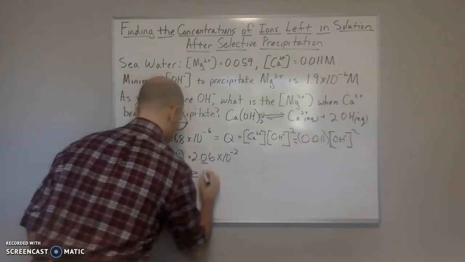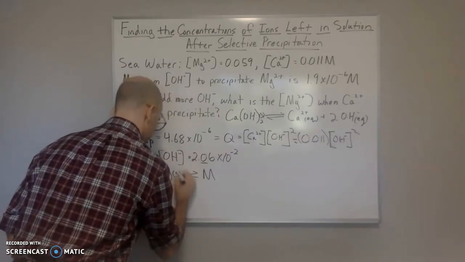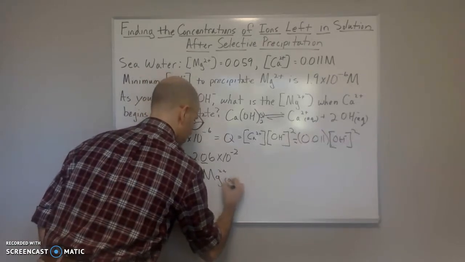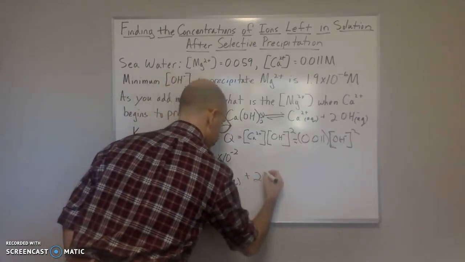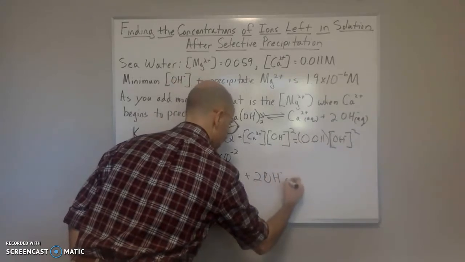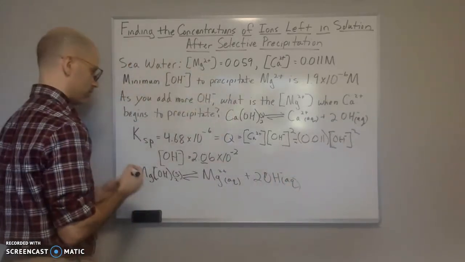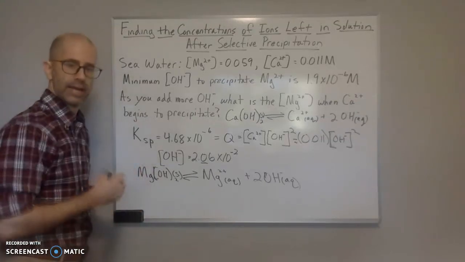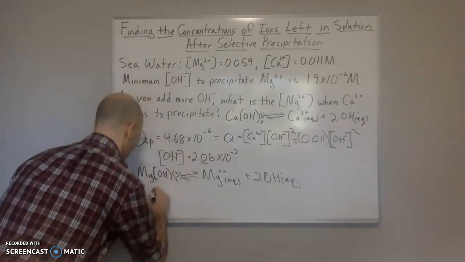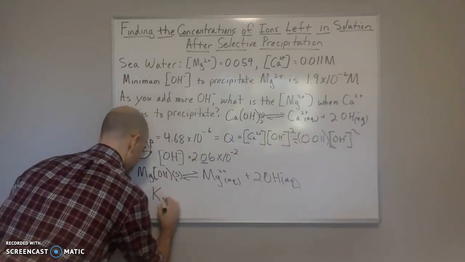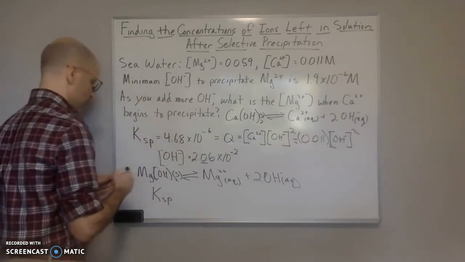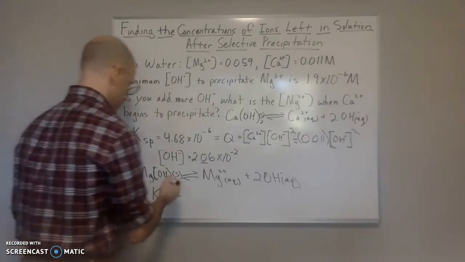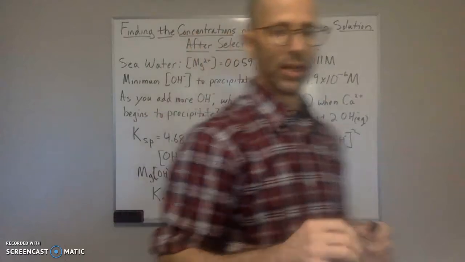The equation is: solid goes to Mg2+ aqueous plus 2 OH minus aqueous. And so here, we're going to set the KSP equal to the expression for KSP.